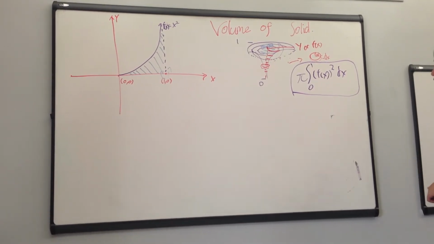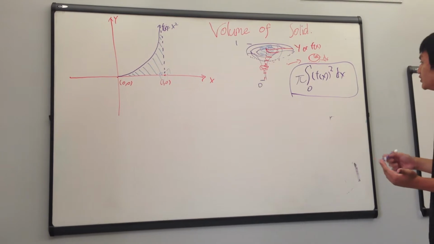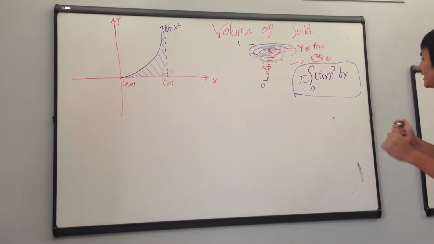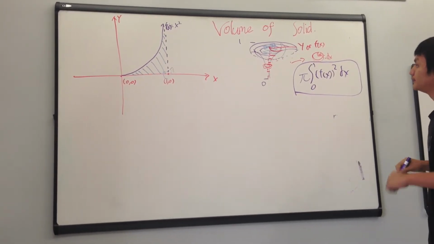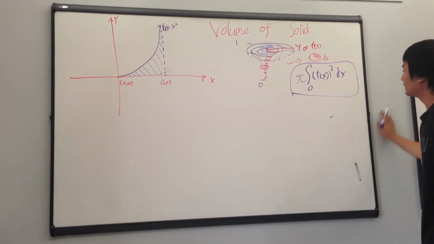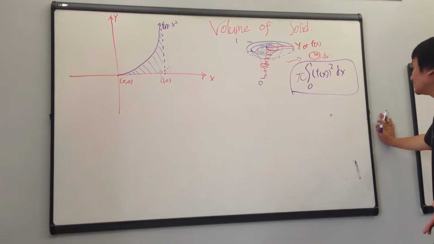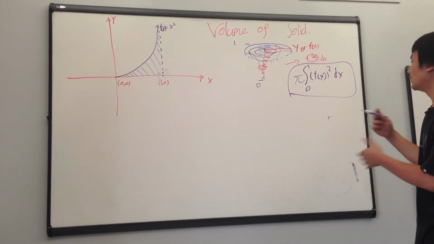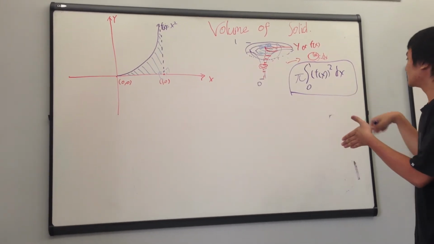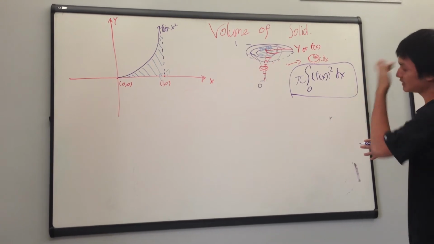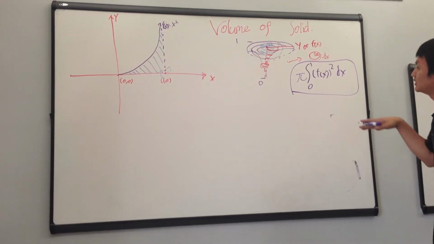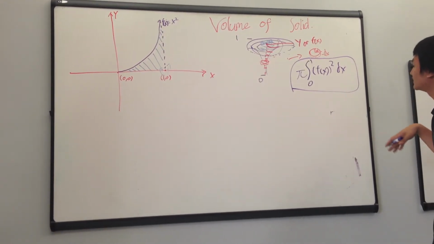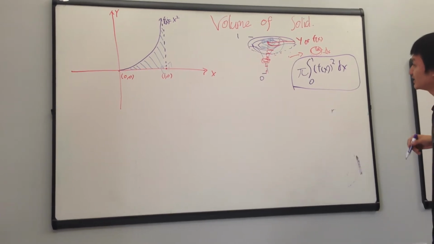But what happens if we have a different shape? Actually, everything we rotate is just going to be a circle basis, because when you rotate anything, it's going to be a circle basis. That's how rotation works. You rotate 360 degrees, it's going to be 360 degrees.